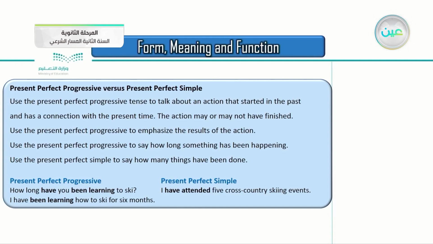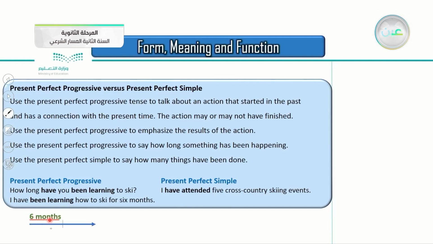So the progressive always focuses on the time. You can see here the time arrow, that's the 6 months. This is the present, and this is the future. So this is the present perfect progressive.